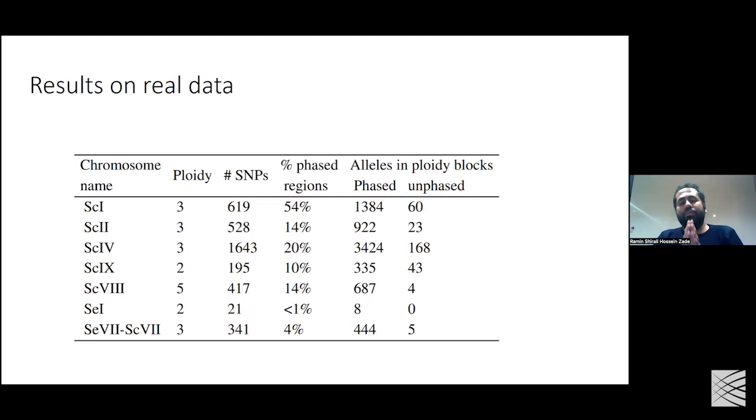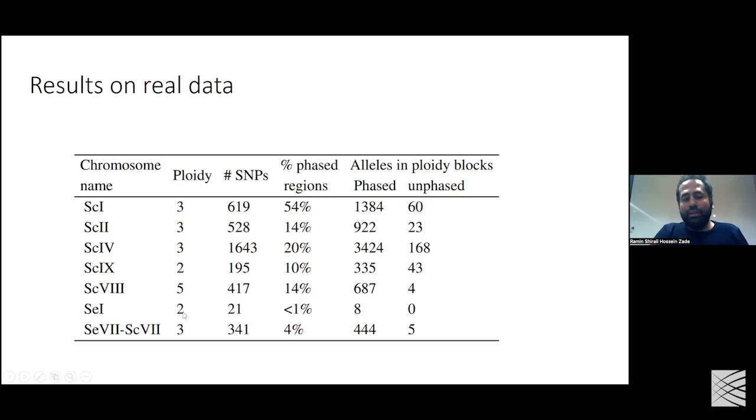But then we also used HAT to reconstruct the actual haplotypes of CBS 1483 on the real data set, and the results are, I don't know if I should call it less impressive. The thing is that there are some chromosomes that are, for example, look at SE1.